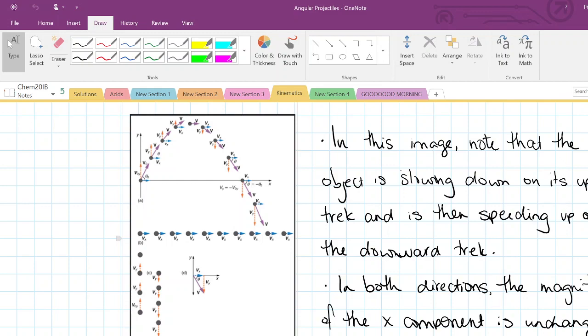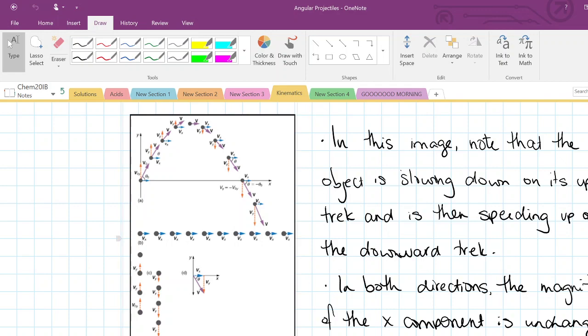If you notice throughout this entire trajectory, the length of this blue arrow never changes. Up here, the blue arrow is equal to the purple resultant velocity arrow because the motion is in the same direction. And then here we see the blue arrow again as the ball starts to descend toward the ground. So the magnitude of this arrow never changes.